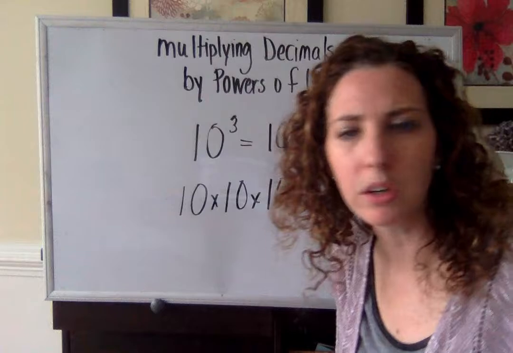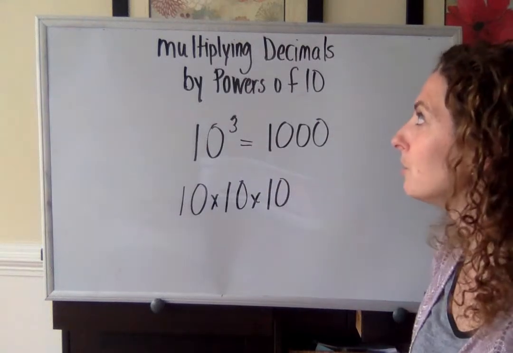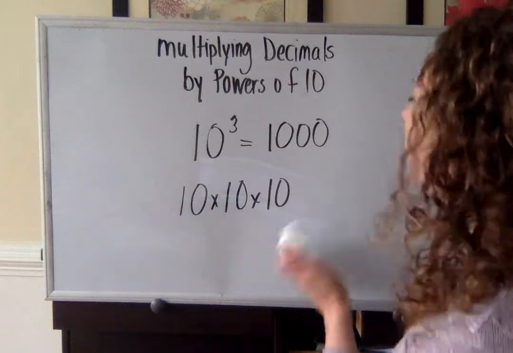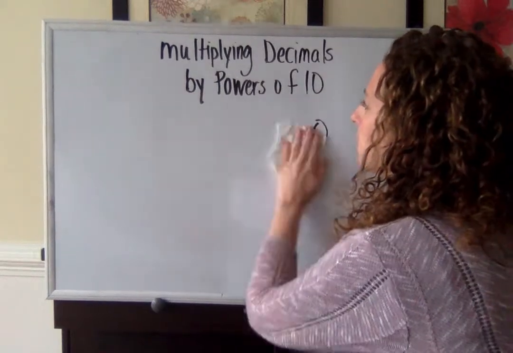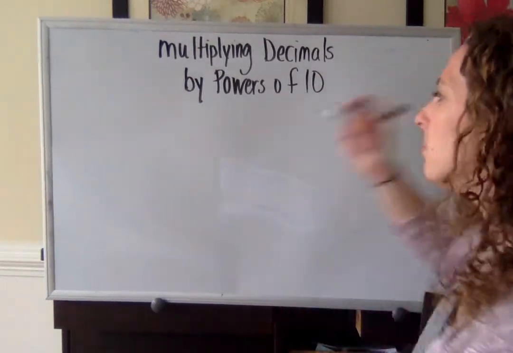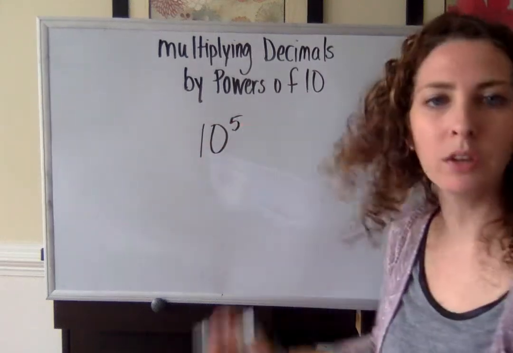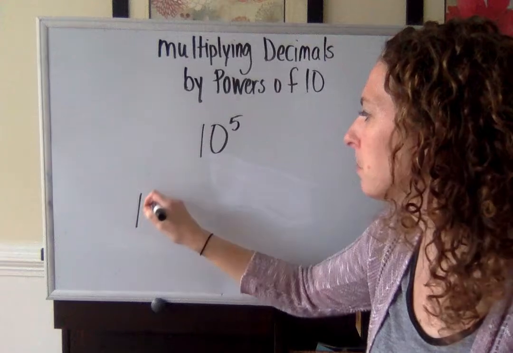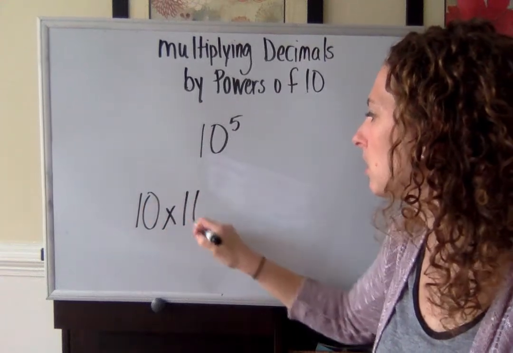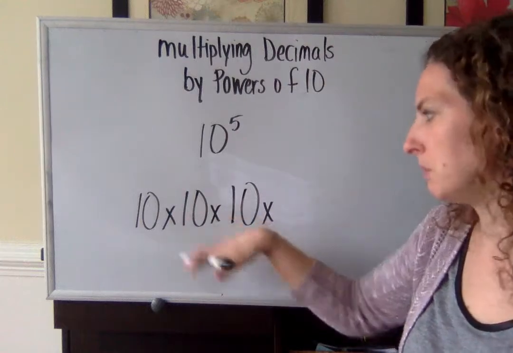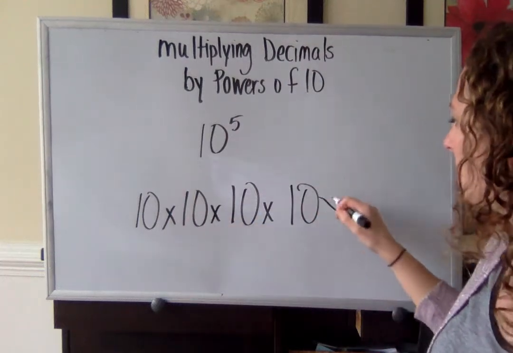We'll do maybe one more, and then I will get into multiplying decimals by powers of 10 and what that means. All right, so let's just do 10 to the power of 5, 10 to the 5th power. So this tells me that I'm multiplying 10 5 times. 10 times 10 times 10 times 10 times 10.